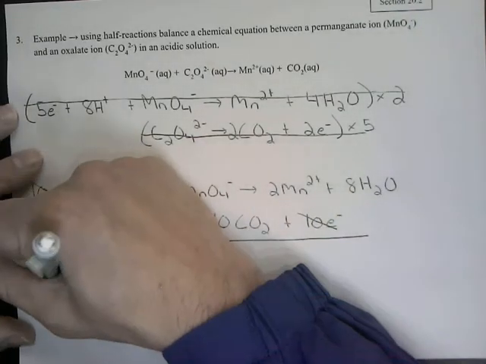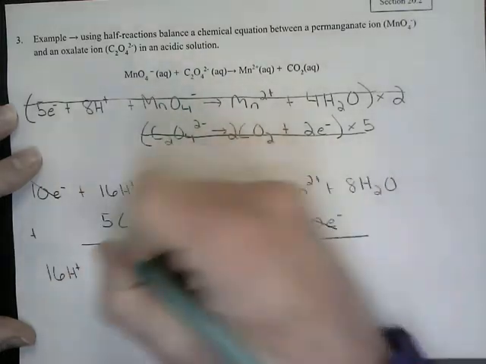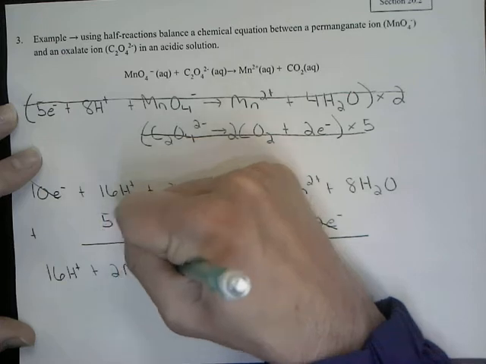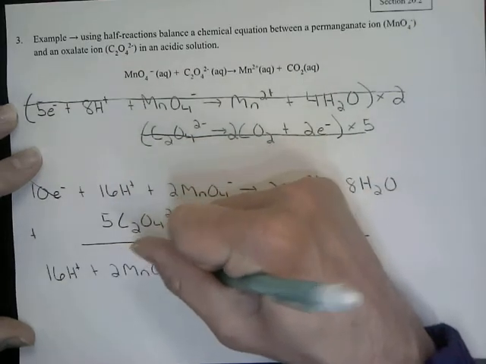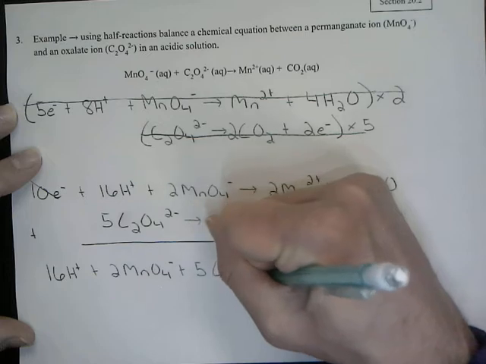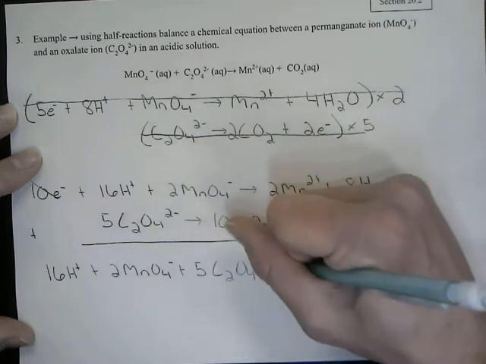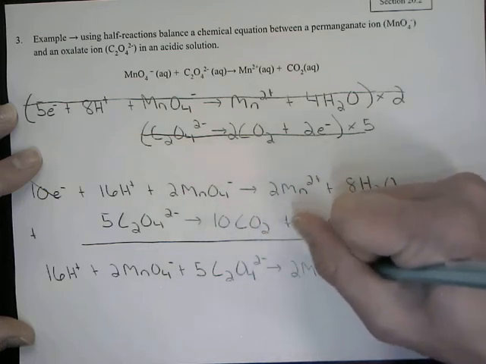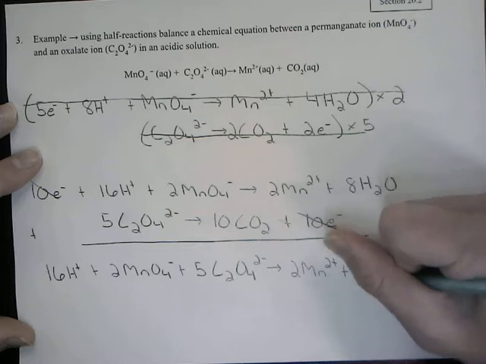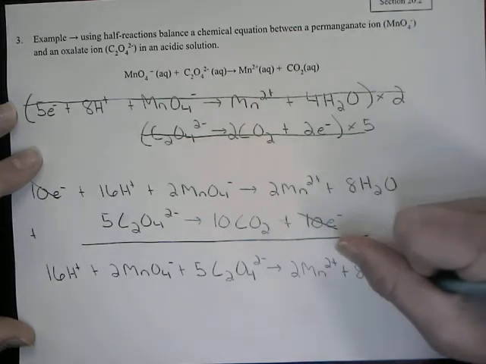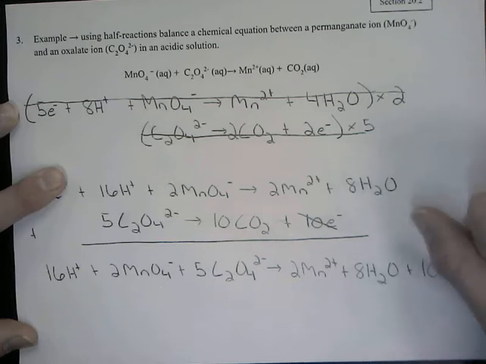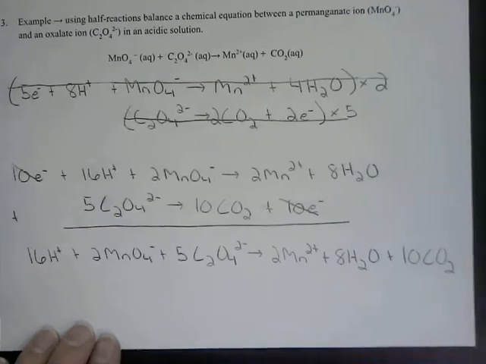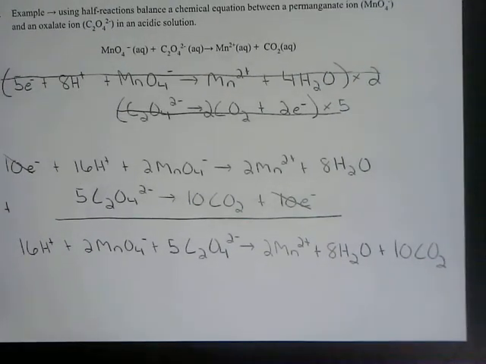So what we would end up with is 16H+ plus 2 MnO4- plus 5 C2O4 2-, and that is going to yield 2 Mn2+ plus 8 H2O plus 10 CO2. Okay, so now we move to the check for our balancing.